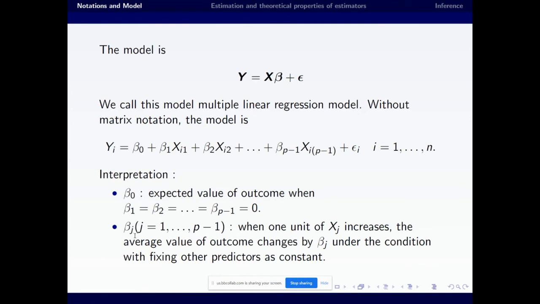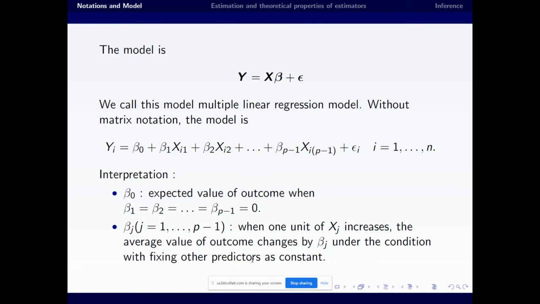And then beta j, for j equal to 1 through p minus 1: when xj increases by 1 unit, the average value of the outcome changes by beta j, under the condition of fixing the other predictors as constant. In simple linear regression, we do not have to worry about other predictors because there is only one predictor.